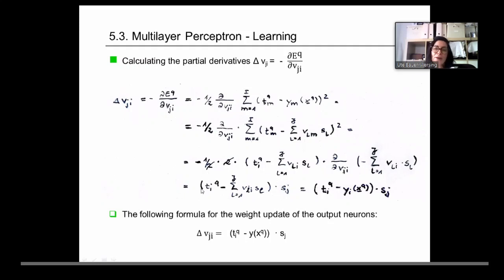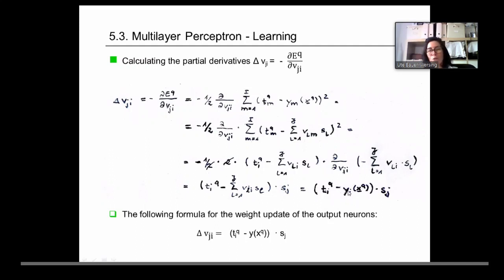So that's basically the partial derivative for one weight in the output layer, right? And again, in the end, I collapsed the calculation of the output value of neuron i to the original term.